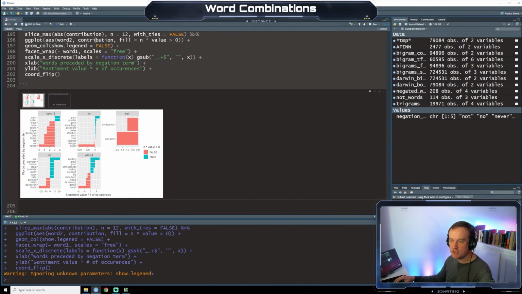Okay, so now we have each word. So our facets are word by word, not by book, I'm sorry. So we have each word. So never, and then it tells us what the bigram is and how that affected our sentiment analysis. So no doubt really skewed stuff real negative, right?